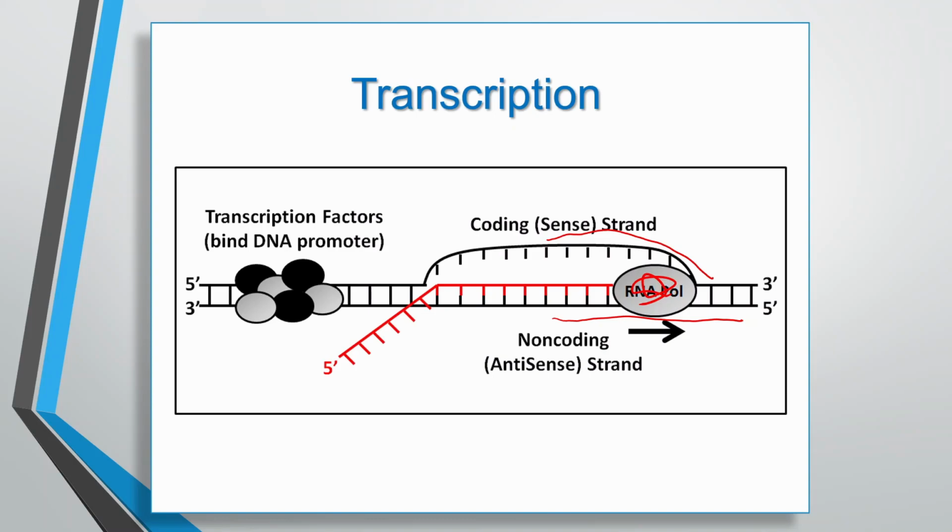But it can't do it alone. It needs the help of other proteins, which are shown here, which are collectively called the transcriptosome, which I'm showing you in this bunch of proteins over here.